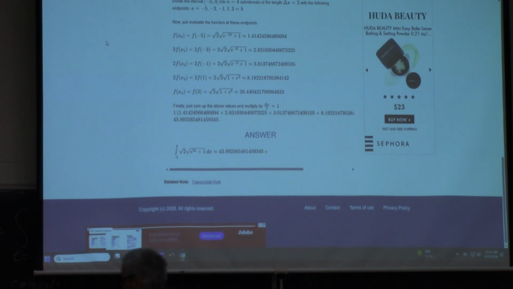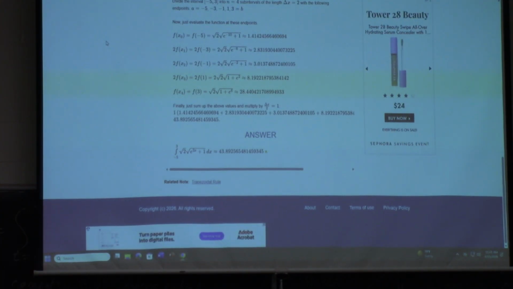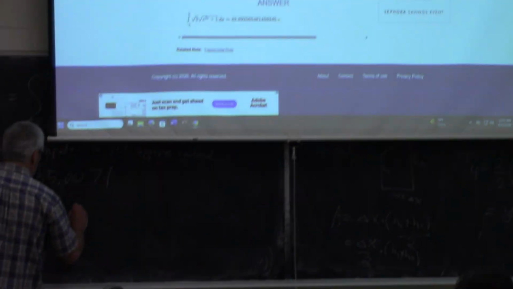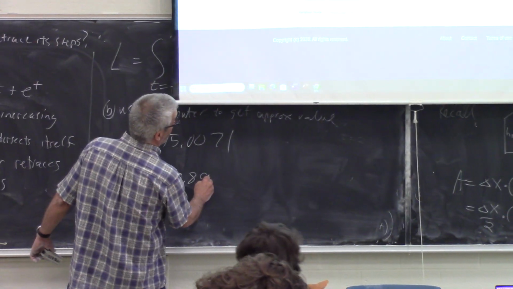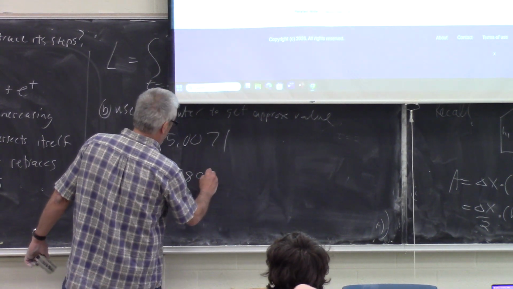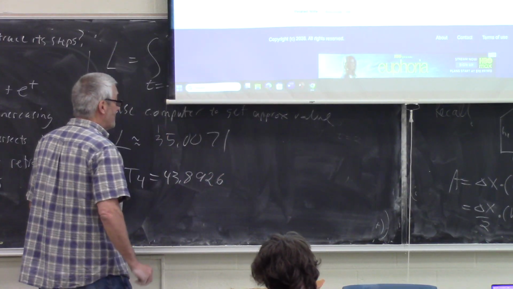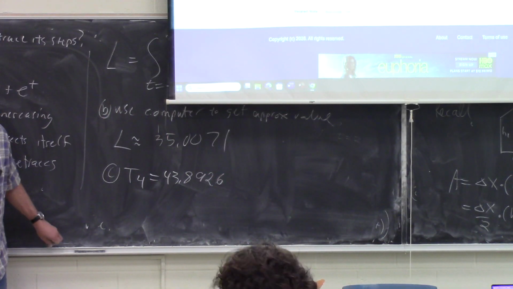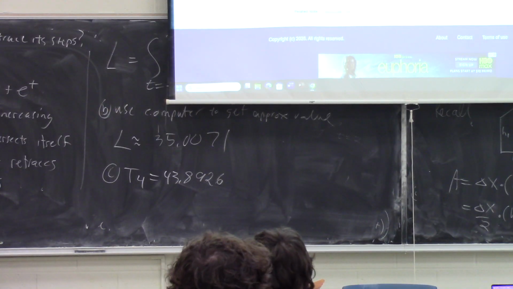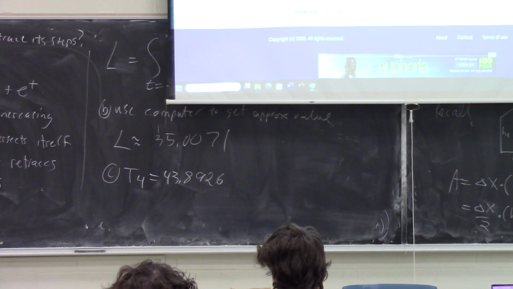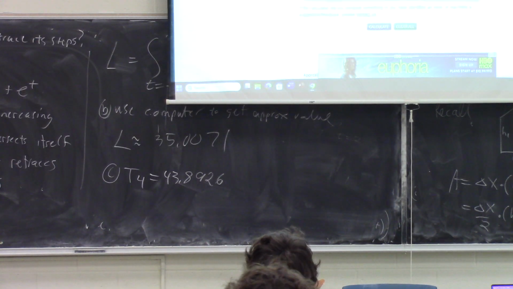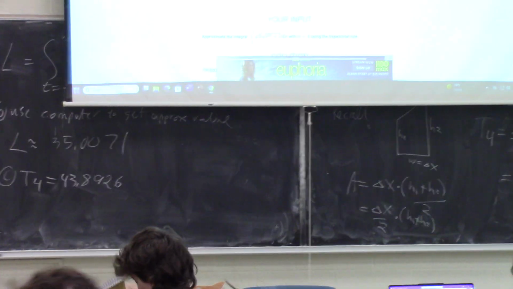43.89. C. T4 is 43.8926, and I've got exams to hand back, sorry. So that's not a very good approximation. So what the hell? Why bother with trapezoids? Well, watch this. Let's increase the number of trapezoids from 4 to maybe 200.